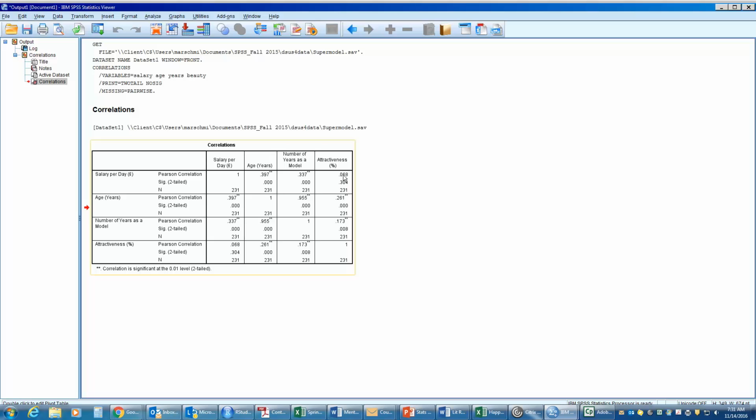Where the problem lies, however, is when I look at age and I correlate age with number of years as a supermodel. I am now almost at 1, which is a perfect correlation. And so, again, if conceptually I thought that there was a problem, now I'm starting to confirm that problem by looking at the correlation coefficient with the shared variance of these variables, almost 1.